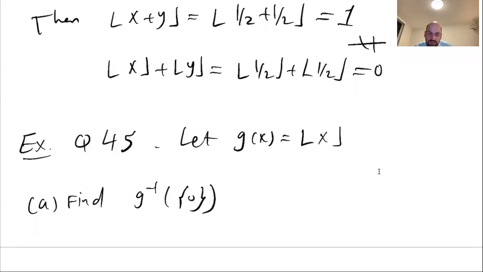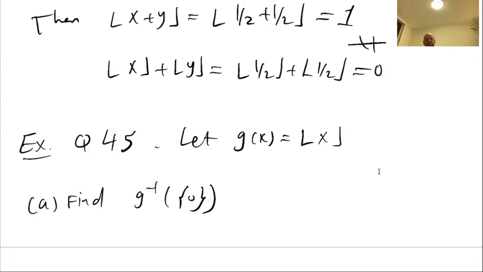If you remember, last time we discussed whether we talk about f inverse of a number or f inverse of a set. If it's f inverse of a number, first of all, your function has to be invertible, meaning it has to be 1-to-1.